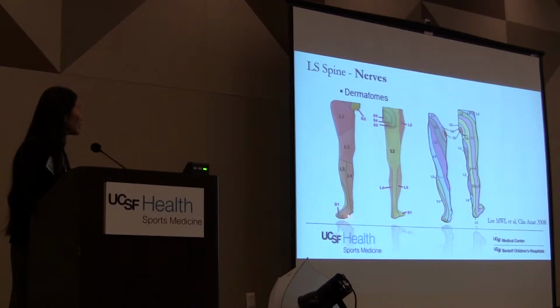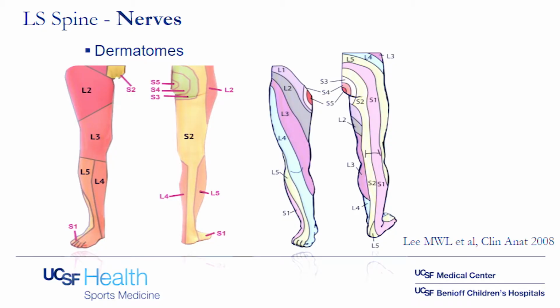L5 is going to be right at the dorsal interspace, between the great toe and the second toe, right? S1, what looks common for S1? Lateral foot, okay? L4, medial malleolus. Because if you look at this dermatome map, the anterior knee, this one says it's L3, right? So look at the common dermatomes as you check.